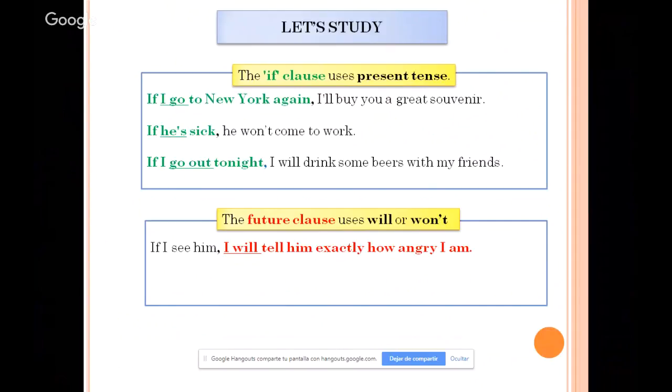So these are using the present tense. If I go to New York again, si voy de nuevo a Nueva York. If he is sick, si él está enfermo. If I go out tonight, si salgo esta noche. Okay? Uses the present tense.